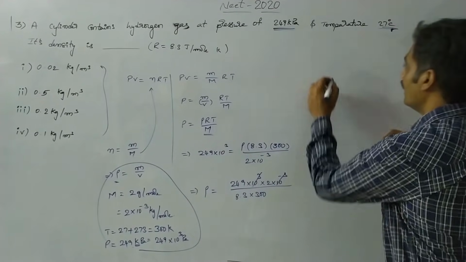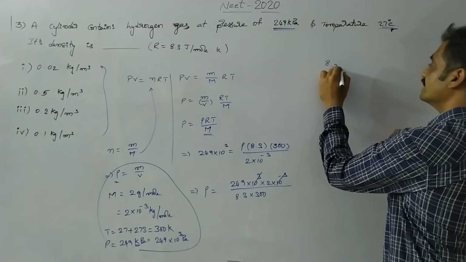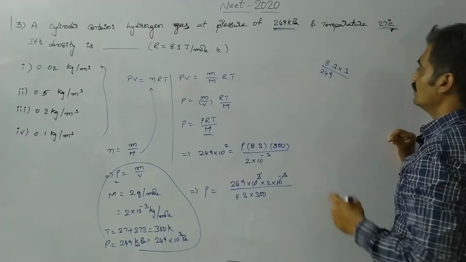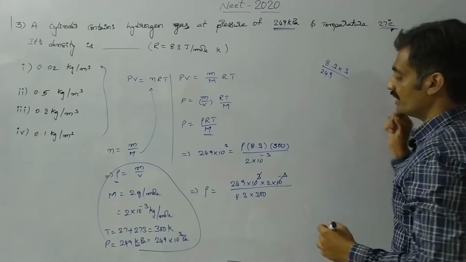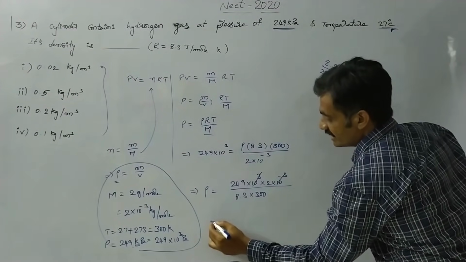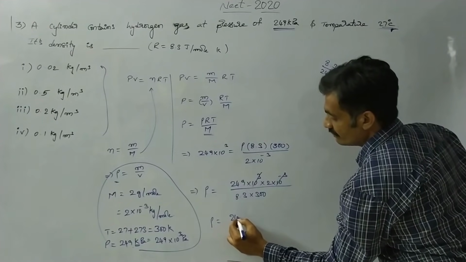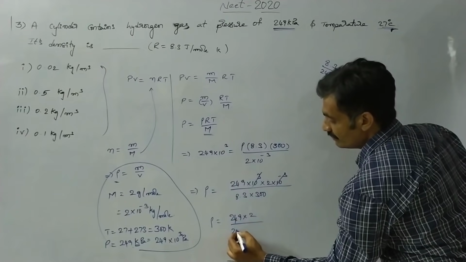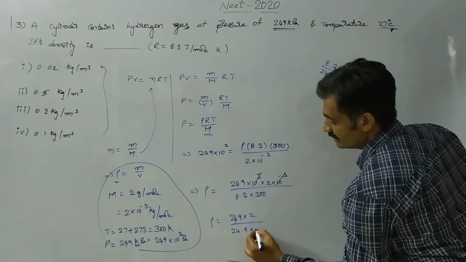Here we have 8.3 multiplied with 3: 3 3s are 9, 8 3s are 24, so here we have 24.9. Based on that, we can write rho equals 249 into 2 by 24.9 into 10 square.